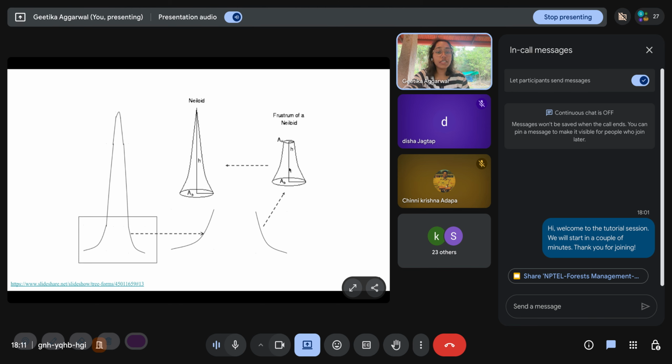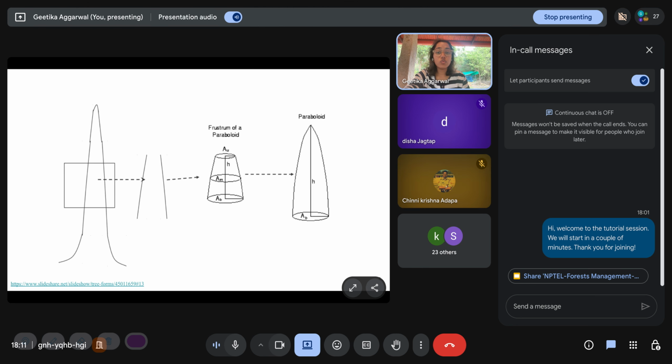And when you compare the height with the diameter here, you follow that formula, y square is equal to kx cube. So here y would be the diameter and x would be h, so y square is equal to kh cube. K is a constant. And if you look at the middle portion of a tree, that's like a paraboloid. If you compare the formula here, then y square is equal to kh.